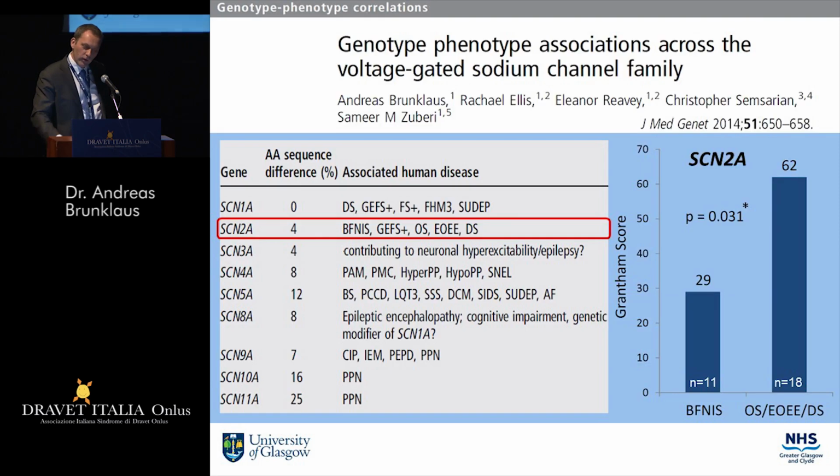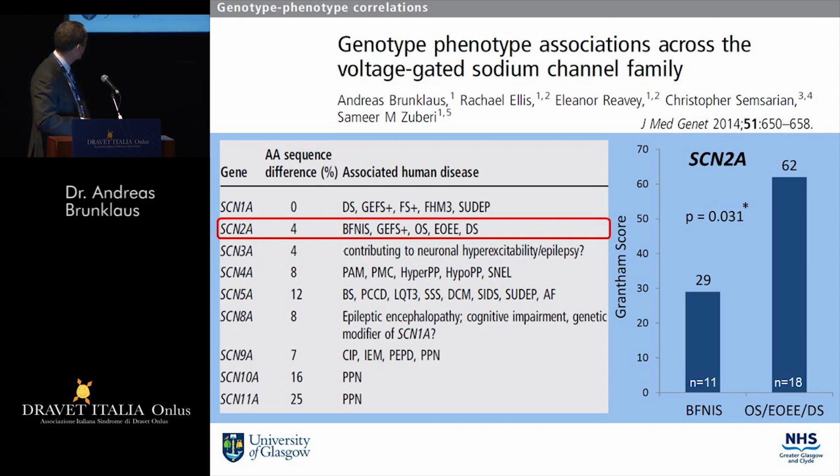Some time ago, we looked at the genotype-phenotype associations across the voltage-gated sodium channel family, so really looking at the effects that we see across SCN1, 2, 3, 4, 5, 8A, and so forth. Here, really focusing on SCN2A, we looked at the different phenotypes. This was in 2014.